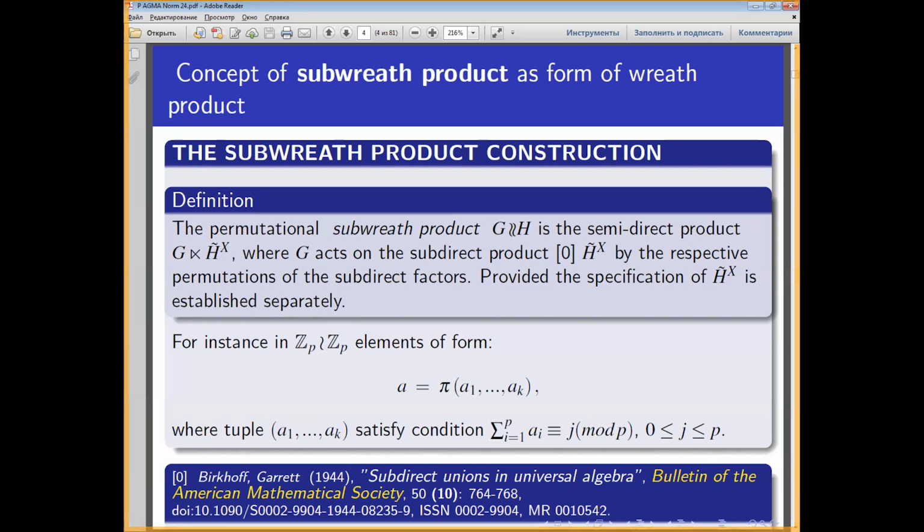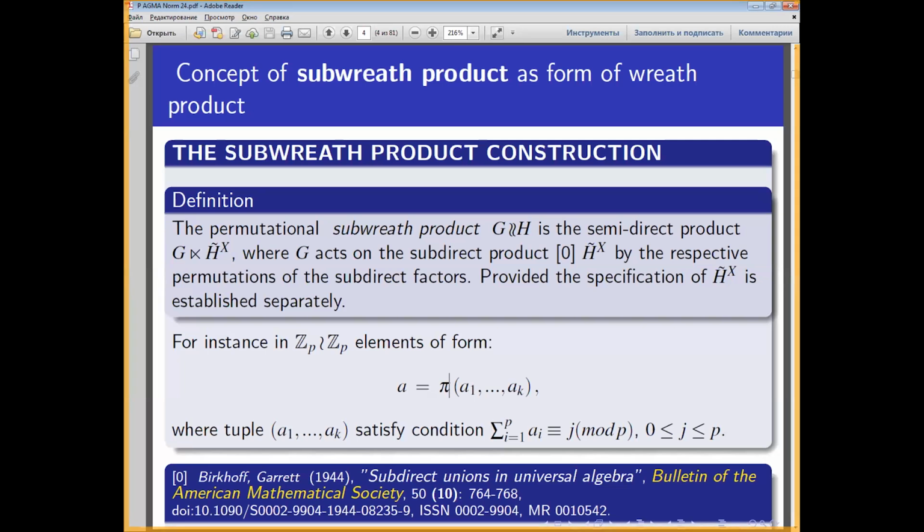For example, if you take the wreath product of Z_p, the additive group modulo p, then we have such a presentation for this. It means a shift from the top group, a shift of p elements from the base group. An additional condition can be applied which will specify the subgroup of the direct product, making it a subdirect product.